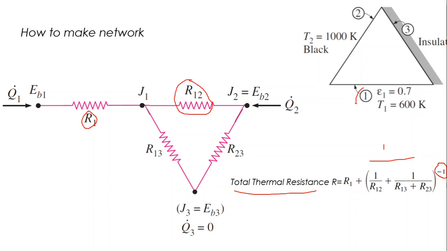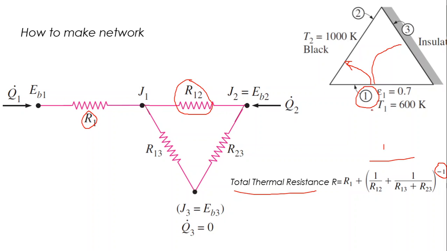So surface 1 will be able to see 0.5 part of 2 and 0.5 part of 3. So whatever heat is generated from 1, 0.5 of that will go to 2 and 0.5 of that will go to 3. That's why the view factor will be 0.5.